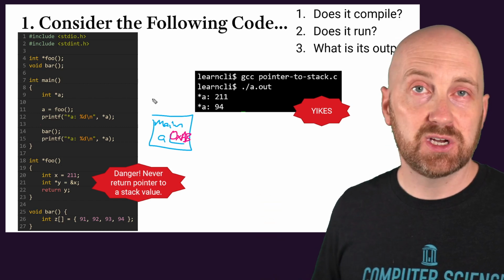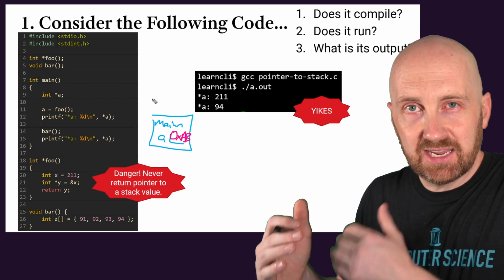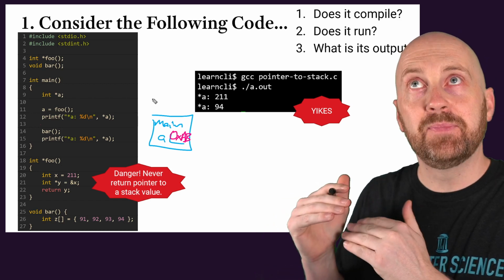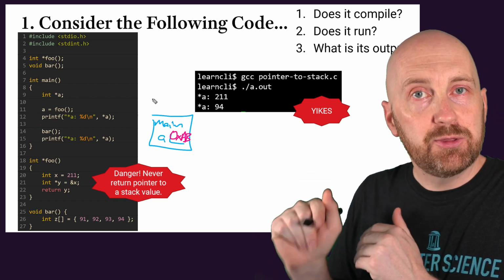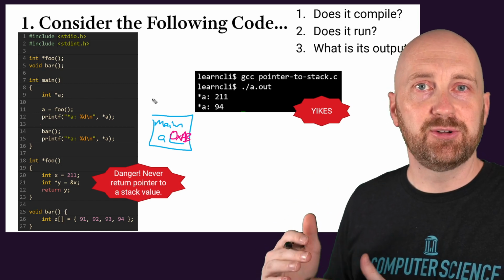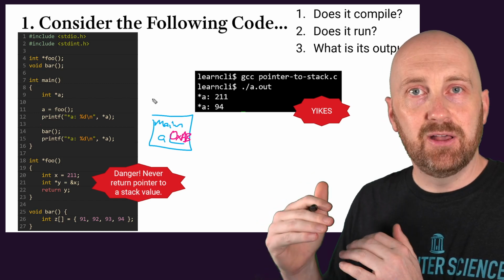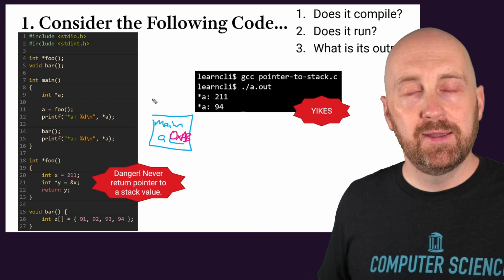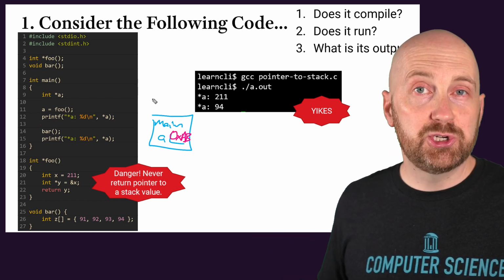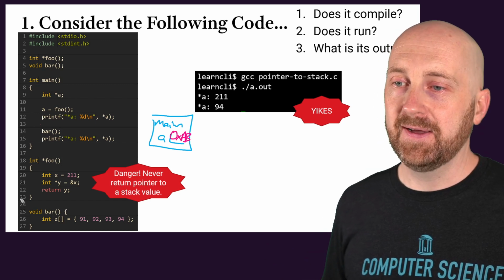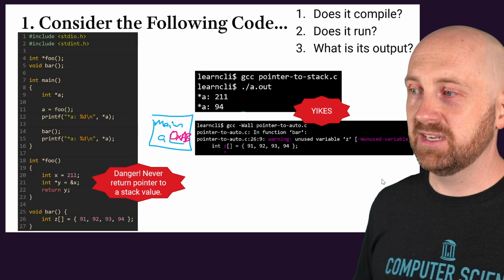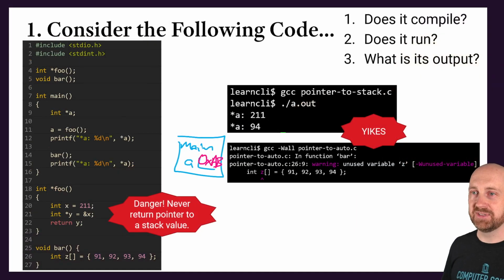What's interesting about this coincidence is that we're piercing through the abstraction of the call stack a little bit, and you're starting to see how the call stack is implemented, but we really shouldn't be able to. This is pretty horrifying. If we compiled this with warnings, all it tells us is there's an unused variable z, right?